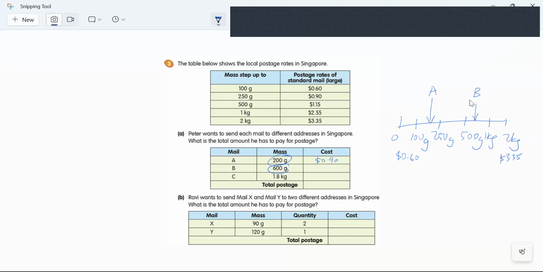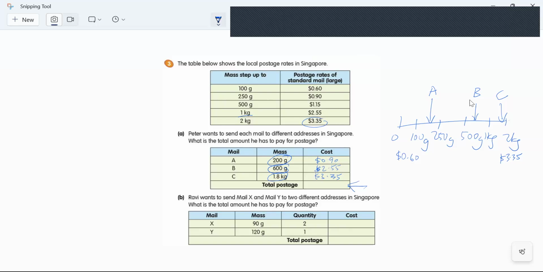So I will step up to the next rate, which is $2.55. Then 1.8 kilograms is between 1 and 2, somewhere here. This is parcel C. Then I will choose the next step up rate, $3.35. Then I add up together.